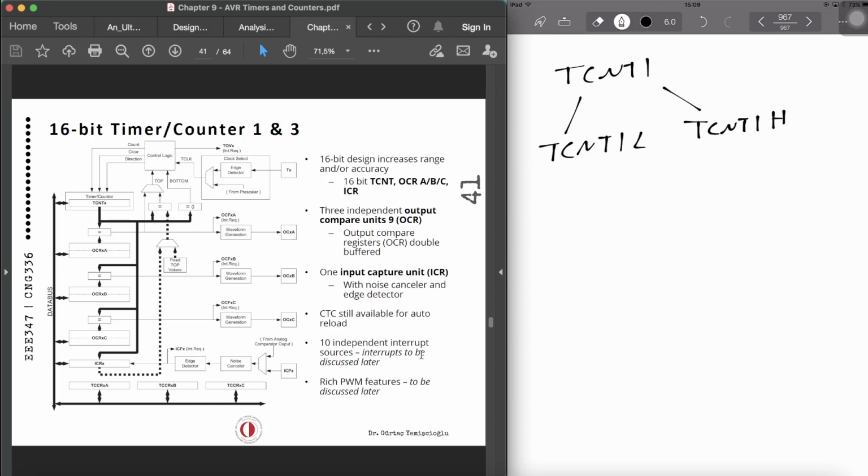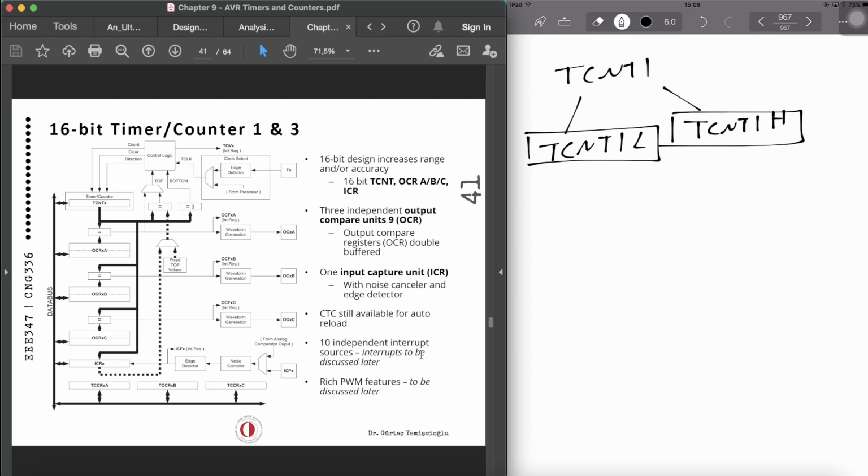Two separate 8-bit registers need to be used in order to use 16-bit timers. These are also allocated in the special function registers in the I/O registers, and the low byte or the high byte has to be specified in order to use timer 1.